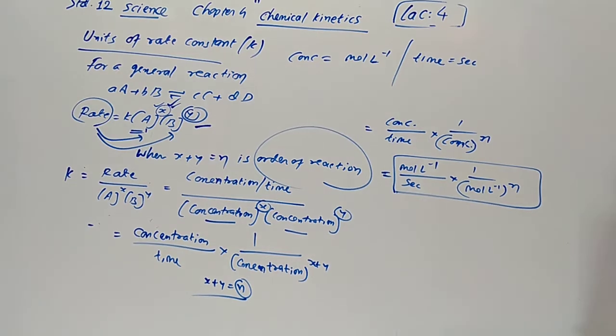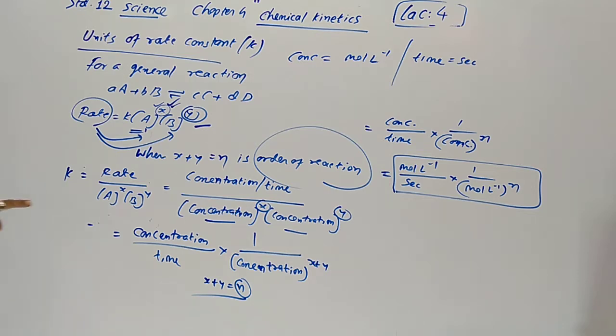Now, for different kinds of reactions, the value of K will be different. We are going one by one. Unit of zero order reaction: we will use this one.